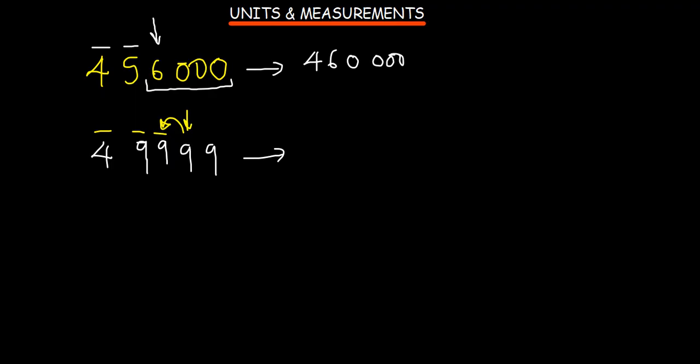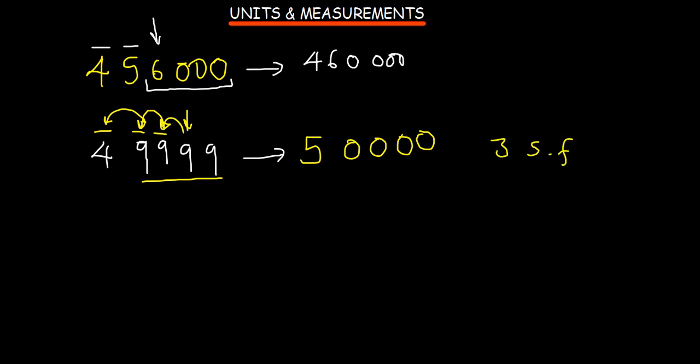So again, carry the 1 to the previous 9, and it again becomes a 10. Again, carry the 1 to the 4, and it becomes a 5. So that will become a 5. The rest will be zeros. So I've rounded off to 3 significant figures.